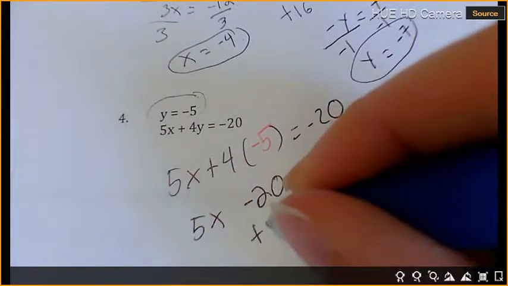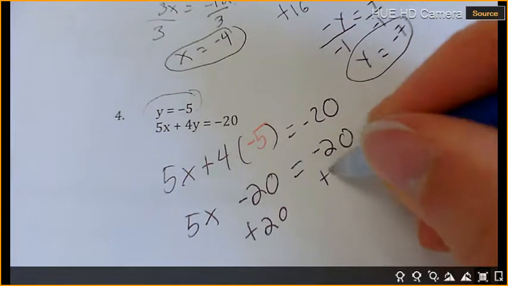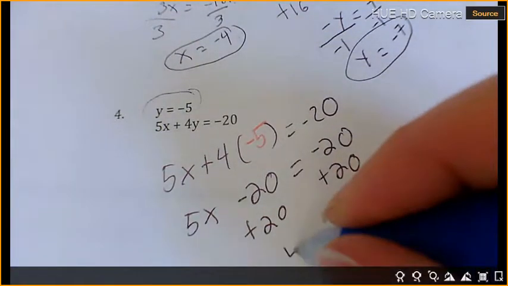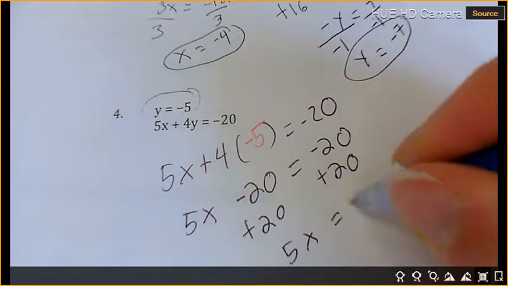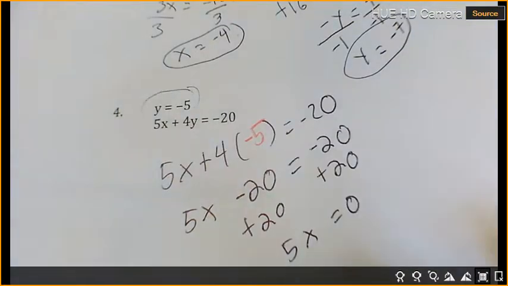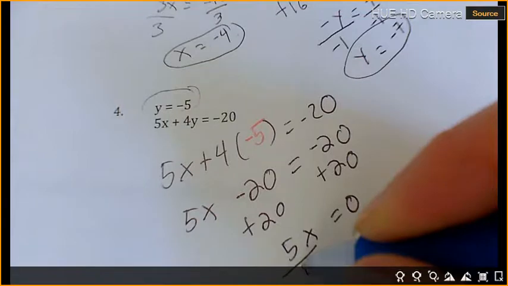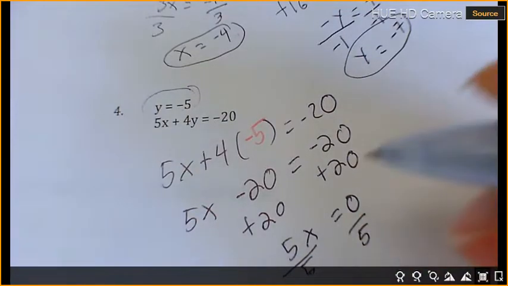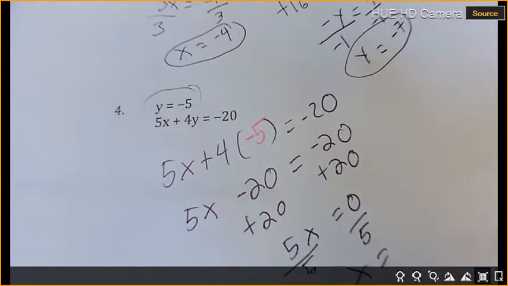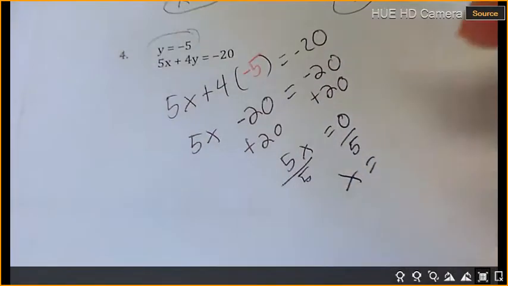Going to add 20 to both sides. 5x equals 0. How do I get x by itself? You have to divide by 5. So x equals 0.